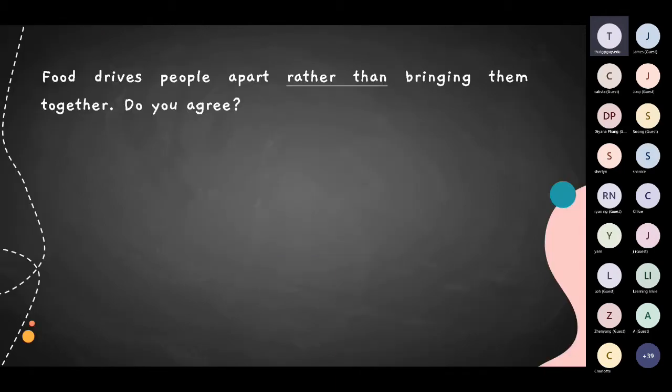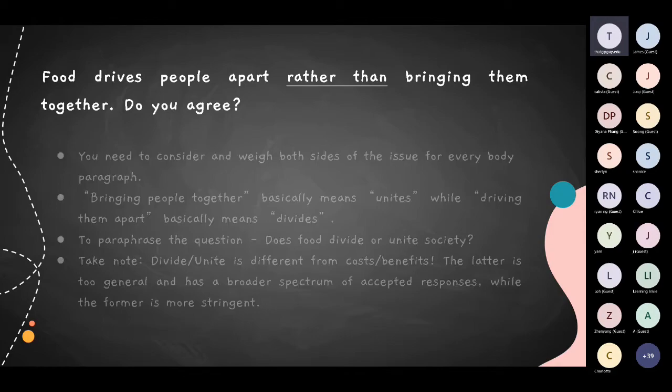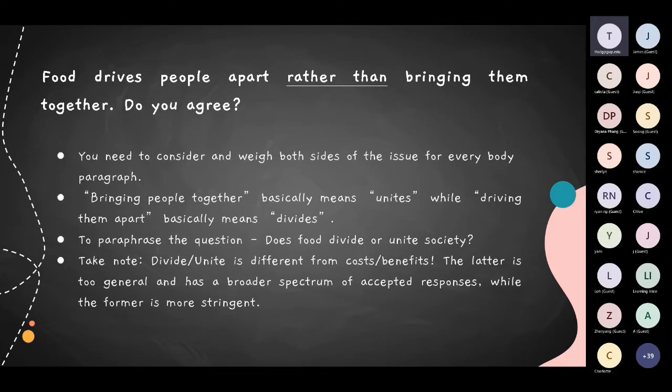For the next type of questions, we have divide and unite. So divide and unite, what do I mean? You'll be able to see the analysis of this kind of question subsequently. So the example here is food drives people apart rather than bring them together. For this kind of question, you need to weigh both sides of the issue for every body paragraph.